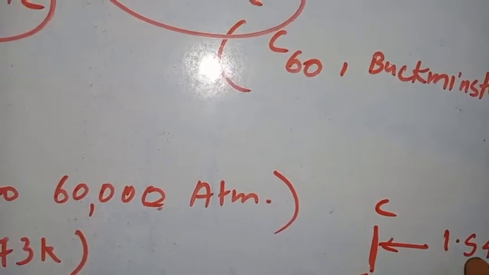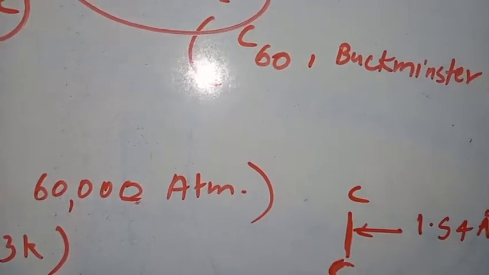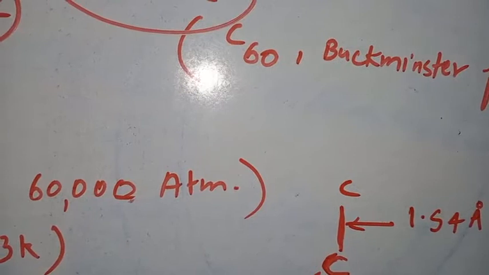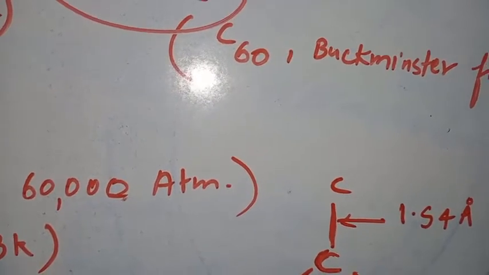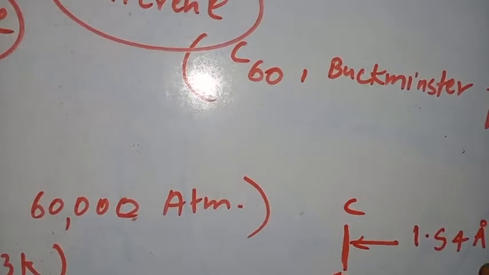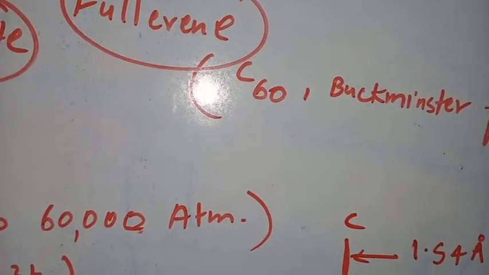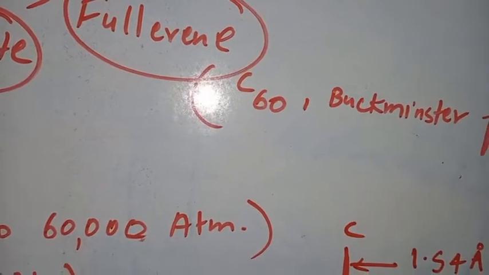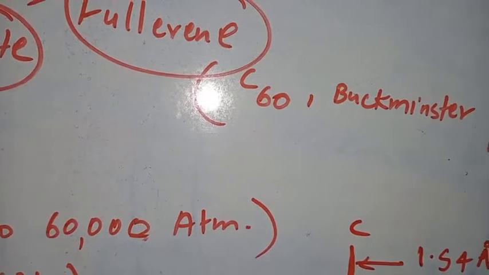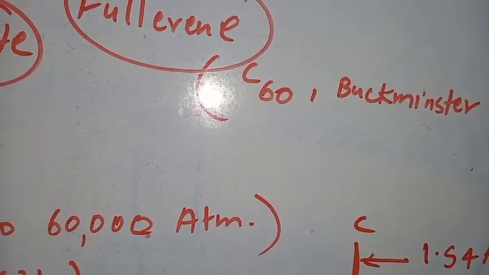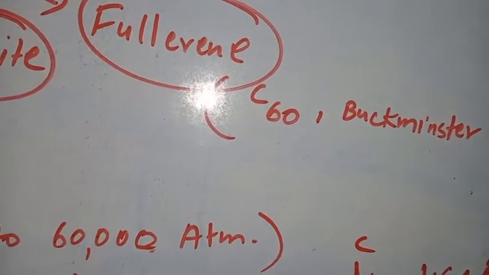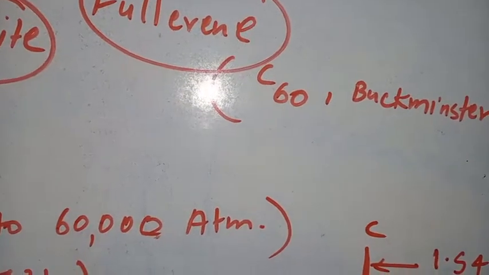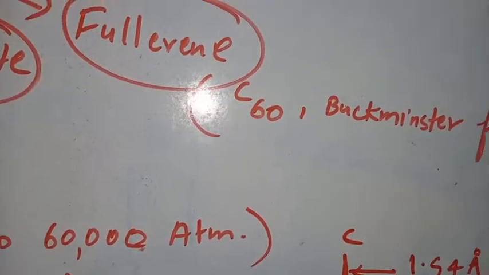You can also represent bond length in picometer. Angstrom is also a unit to represent the bond length between any atoms. So between two carbon atoms the bond length is about 1.54 angstrom.